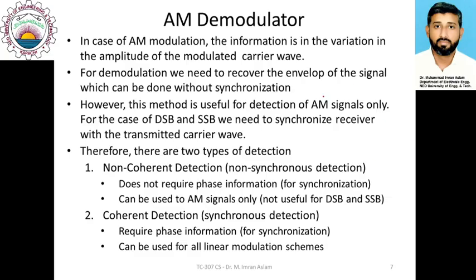In order to understand the process of demodulation, you should realize that information actually resides in the amplitude variation of the modulated wave. So for AM signals, the information is related to the amplitude variation of the carrier, and in order to demodulate the signal, you need to recover the envelope of the signal, because the information resides in that envelope.